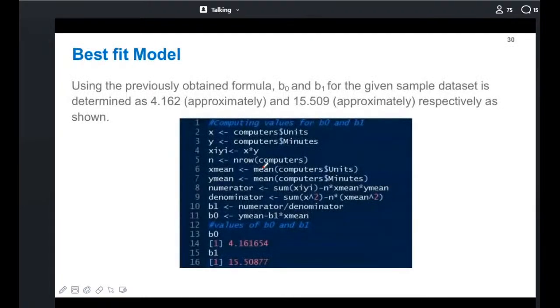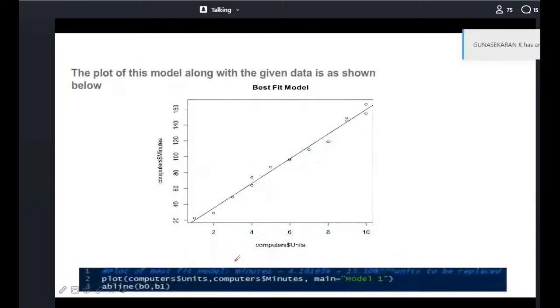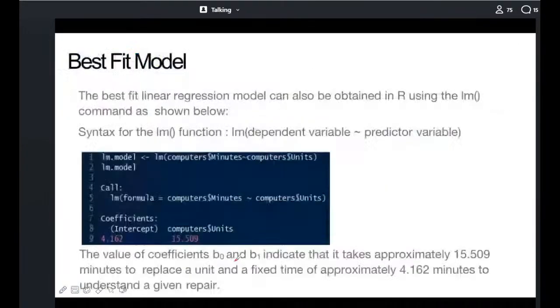When we solved it, this is an R script, the same thing. Based on this, we got beta naught and beta 1. We got these values: beta naught is 4. That means my predicted y is actually, it will be in the next line, where is it?